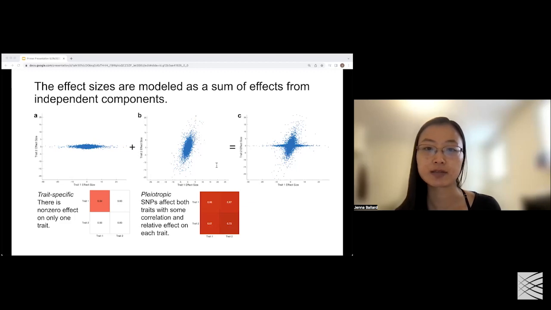These components can also be visualized as heat maps, which represent the covariance matrices of effect sizes on each trait, as shown in panels A and B. So the trait-specific heat map has non-zero heritability for trait 1 only, and the pleiotropic component explains heritability for both traits, where the SNPs have positively correlated effect sizes. The marginal effect size of a SNP is modeled as a sum of effects contributed by each component, which is shown in panel C.